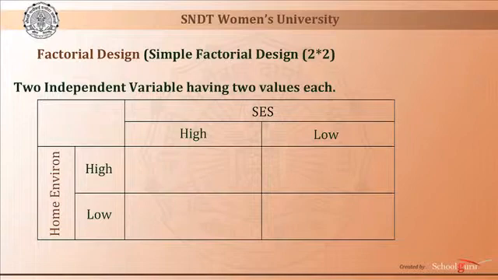I am not only interested in your socioeconomic status, I am also interested in how the school environment is affecting your scholastic achievement. Then there are two variables. They are independent variables. This example is not experimental, this was from survey method.